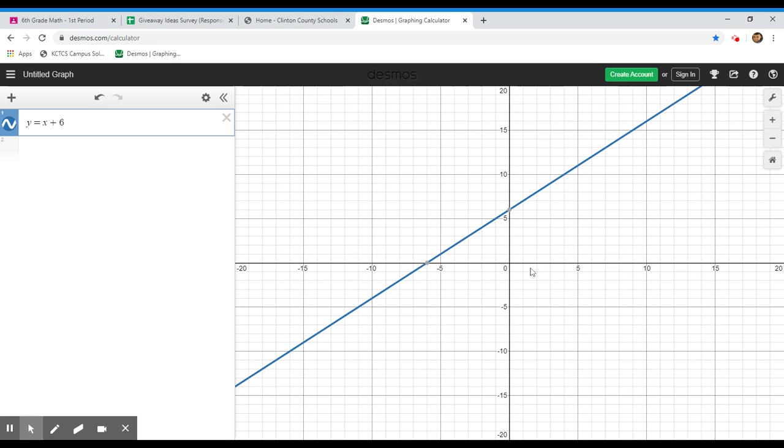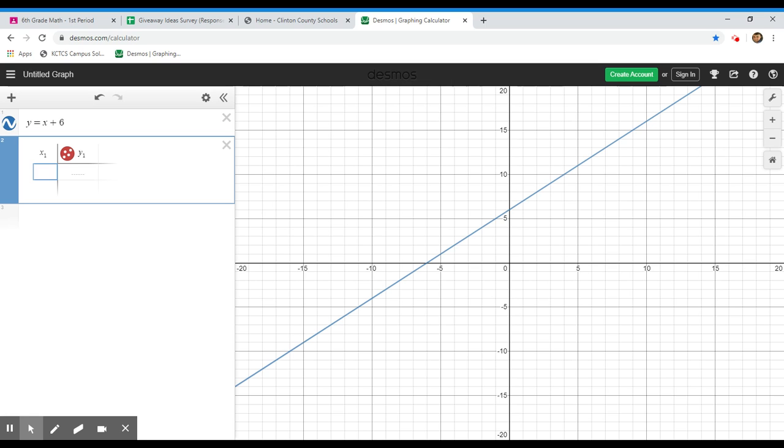So let's test another point. Right. Sorry, this thing's picking up decimals. Right there, we have 2, 8. So if we plug 2 in for x, our y is going to be 8. So what I want you to do is mess around with this and create a table, and you're going to put in existing points on this line based on what the x values would be and consequently what the y value will be.